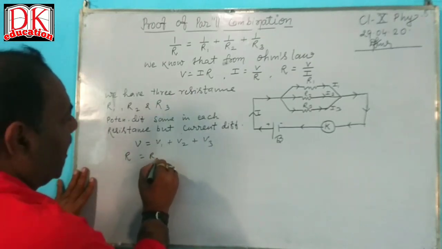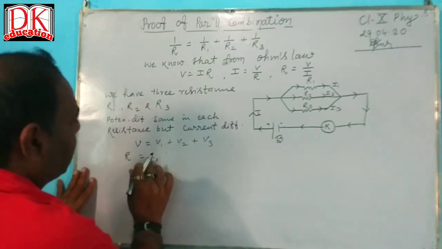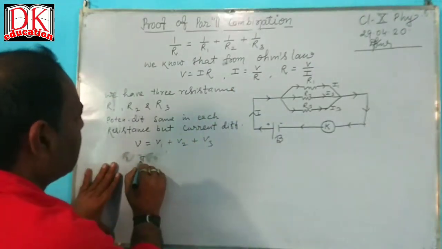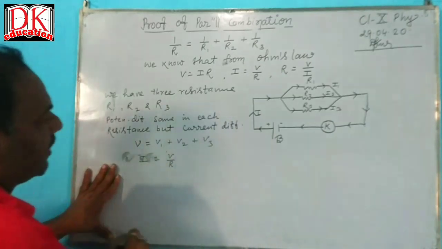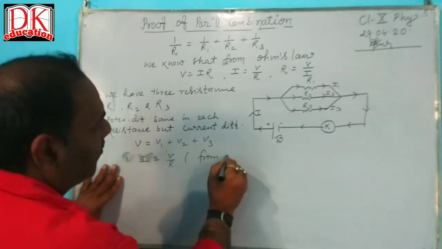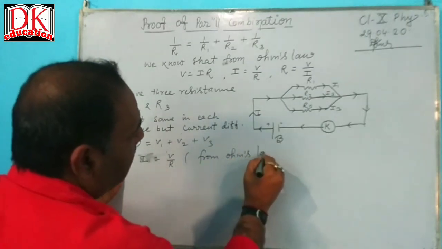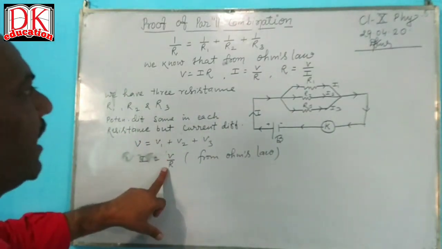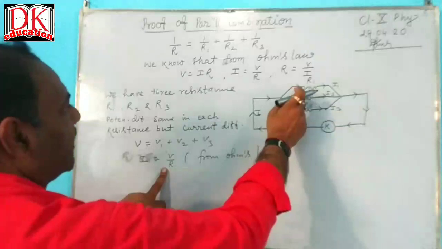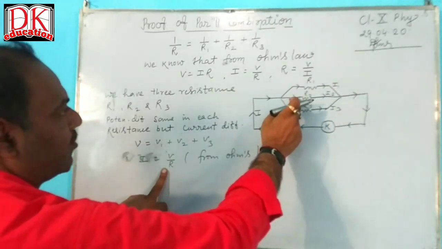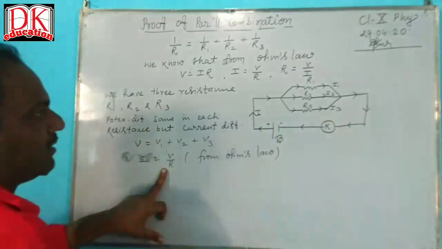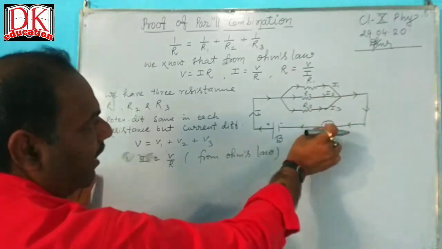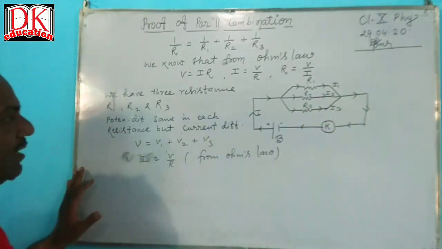We know this from Ohm's law. Now we check the values of V and R: with R1 we get I1, with R2 we get I2, and with R3 we get I3.